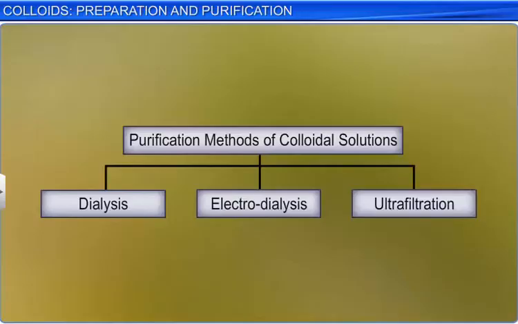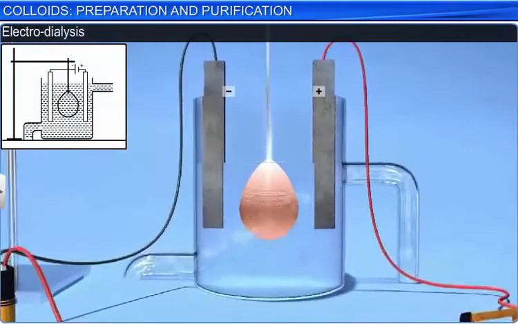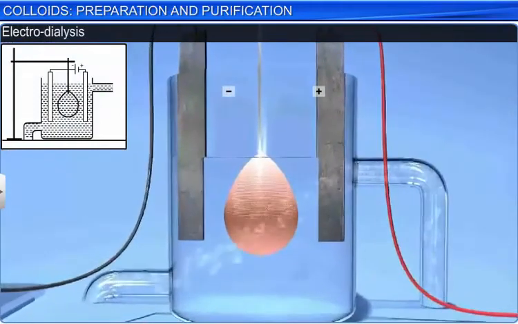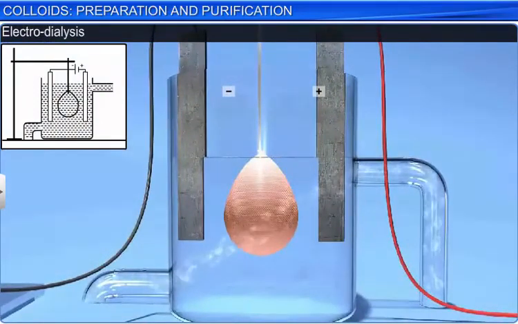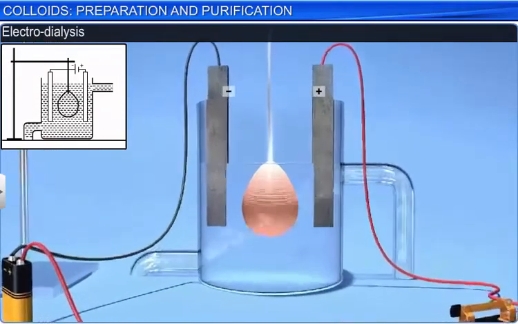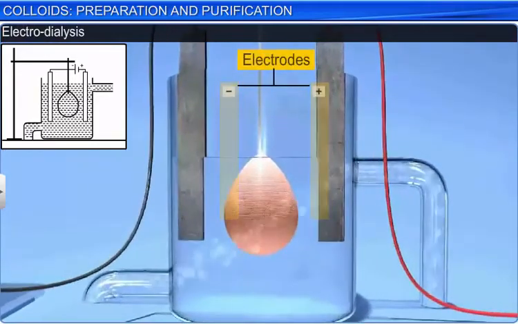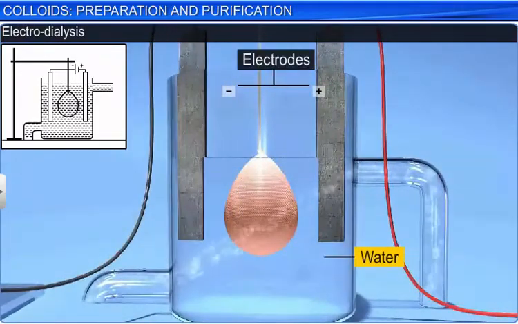A modified form of dialysis is known as electrodialysis. The ordinary dialysis process is a slow process. To hasten the process of purification, dialysis is carried out by applying an electric field. In this process, 2 electrodes are placed in the water compartment as shown here.